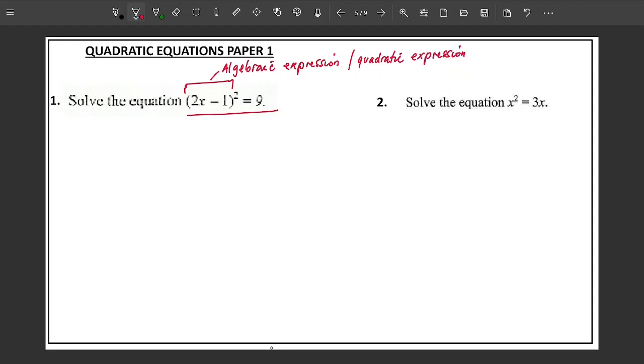Whenever you are dealing with a quadratic equation, whatever you do to one side of the quadratic expression must also be done to the other side.